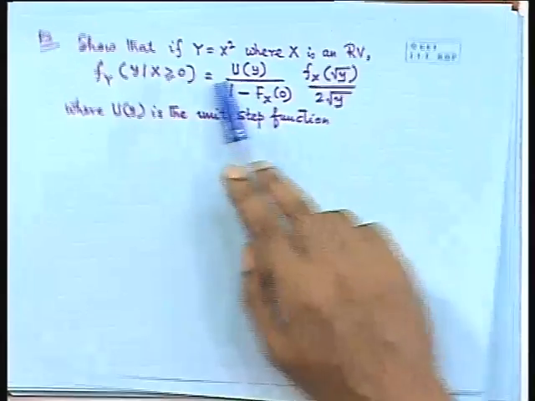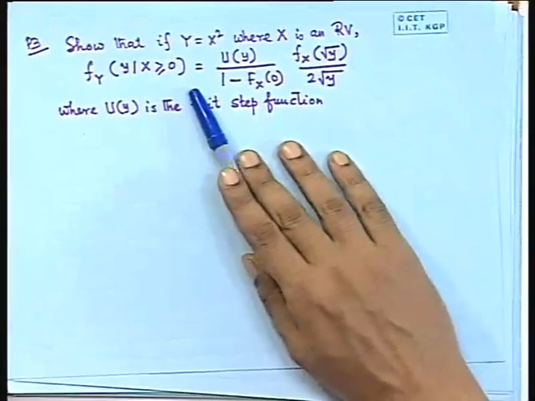Why this? What is F_X(0)? F_X(0) is the probability that x is less than 0. We are not bothering about those finicky continuity conditions, whether less than or equal to, let's ignore them. So what is 1 minus F_X(0)? It is the probability that x is greater than or equal to 0.